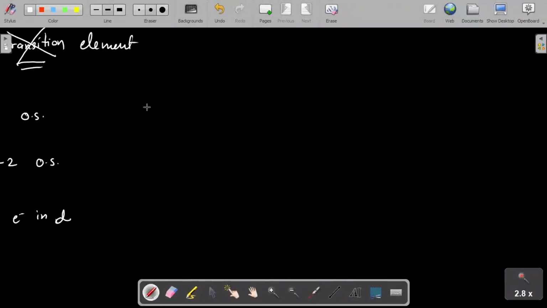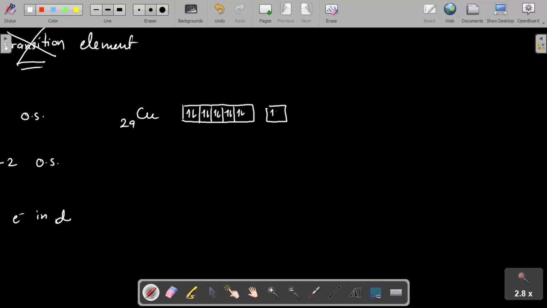Now let us talk about copper. Cu is 29. I'm not writing the argon. Let us write the configuration. Actually, it should have the configuration 3d9 4s2.